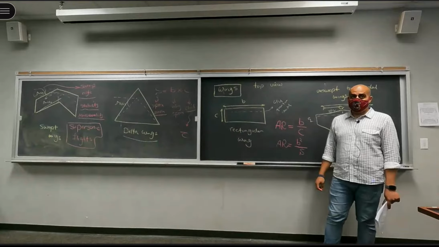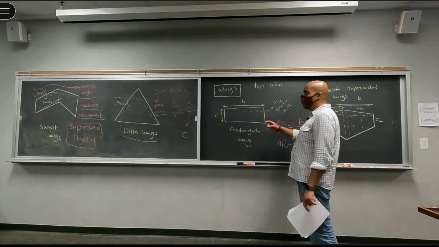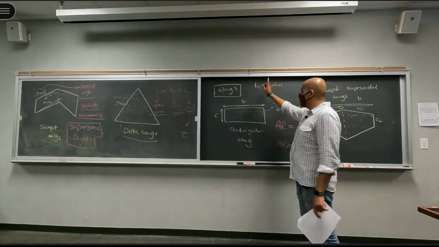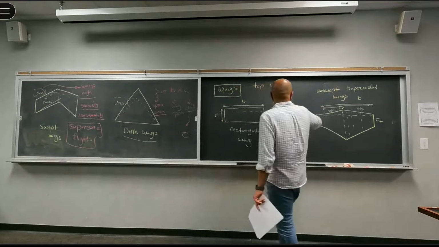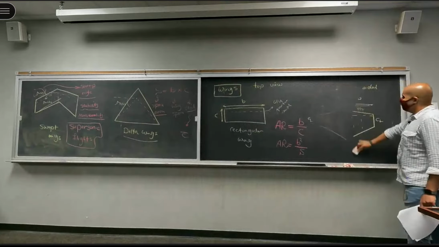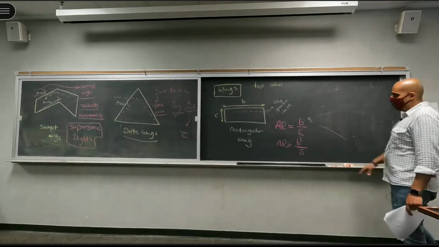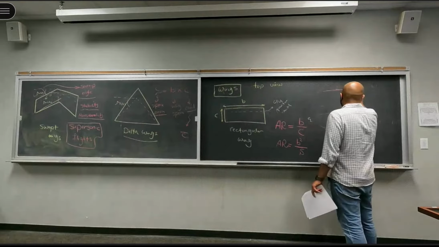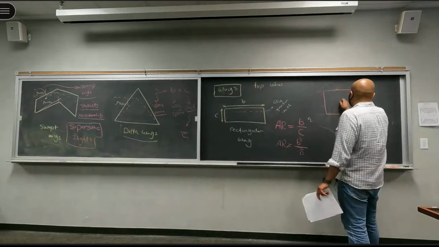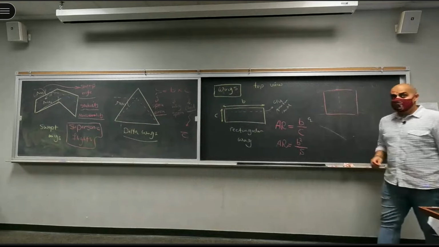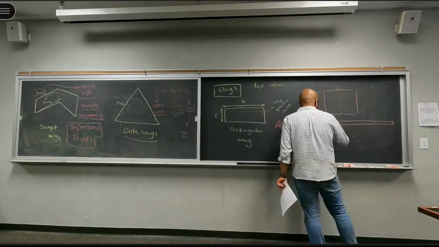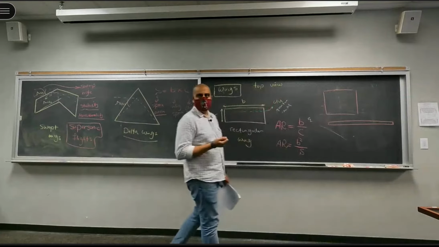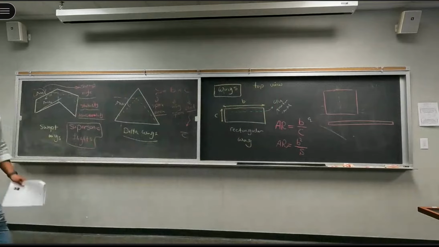The one that has the aspect ratio of 1 is going to look like a square, right? B is going to be equal to C from the top view. The one that has an aspect ratio of 20 is going to look like this. But the question is, why is this important?